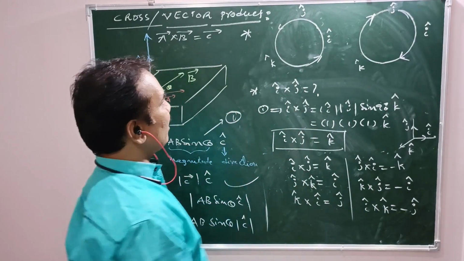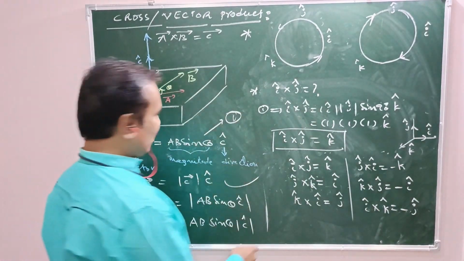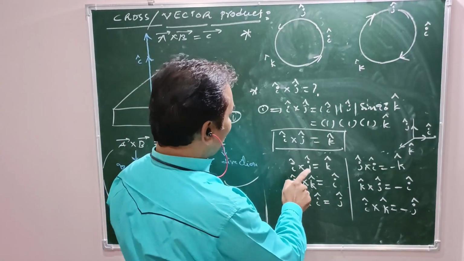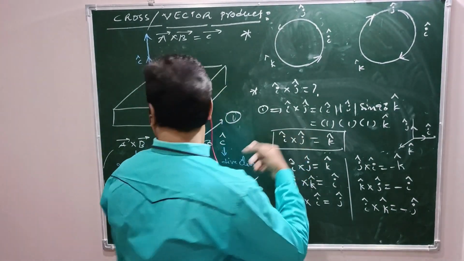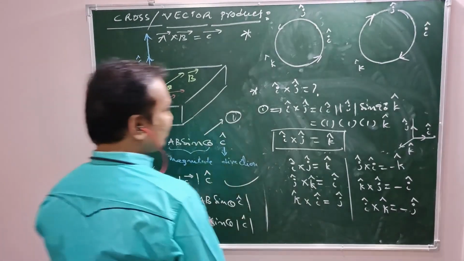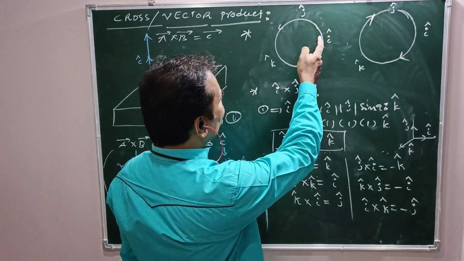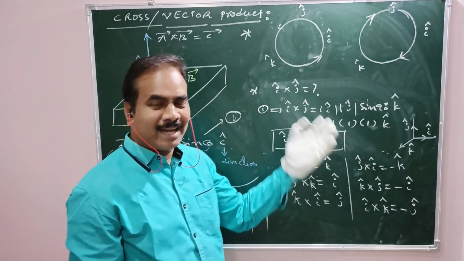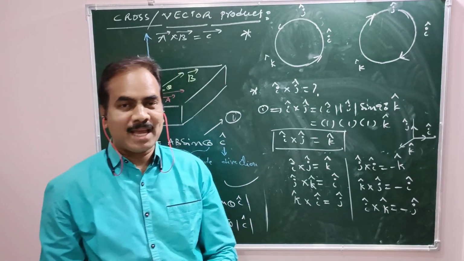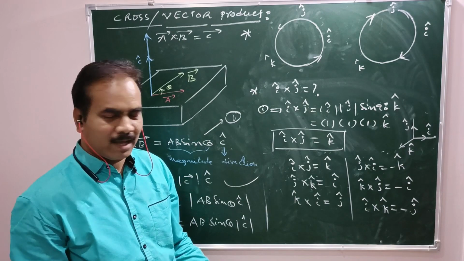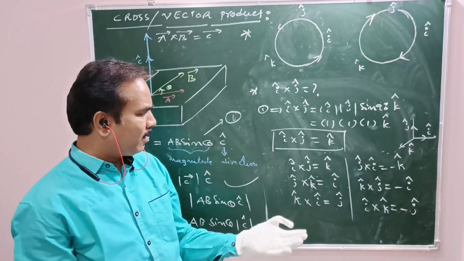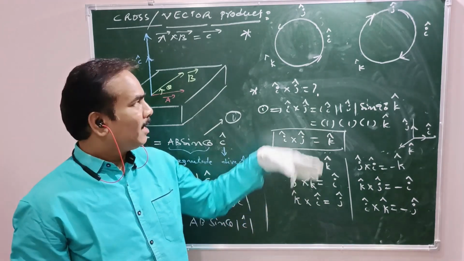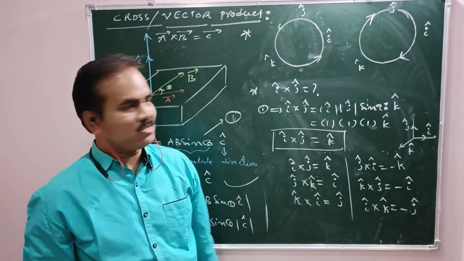Alright, i j k. Now see, the cross product of any two orthogonal unit vectors. What are these i cap, j cap, k cap? Orthogonal unit vectors. Now I want to get the cross product of any two orthogonal unit vectors in anti-clockwise sense.